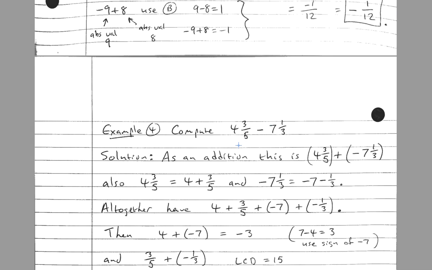So this number minus 7 1/3 as an addition question: keep this, change this to addition, change this to the opposite. It's 4 3/5 plus negative 7 1/3. So keep, change. We always want to be adding.